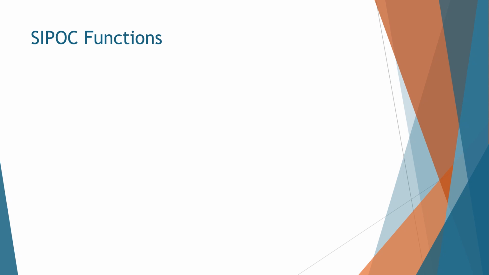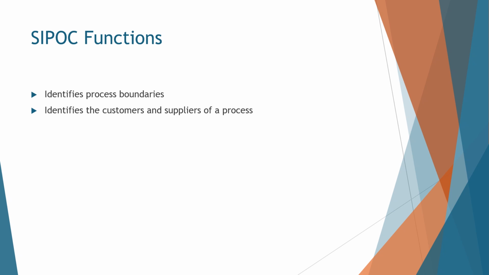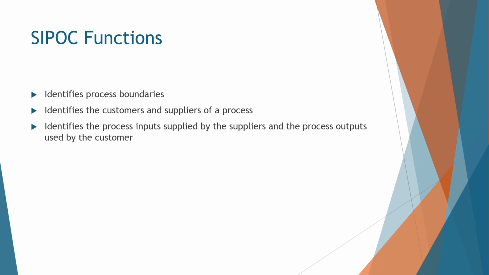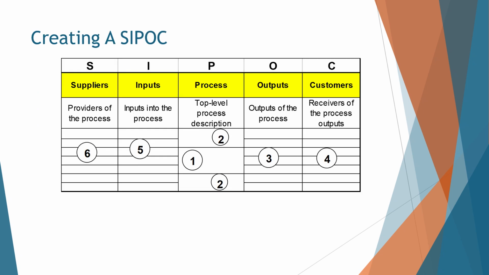Let's look at some SIPOC functions. SIPOC functions identify process boundaries, identify the customers and suppliers of a process, identify the process inputs supplied by the suppliers and the process outputs used by the customer, and help identify data collection needs. How in the world do we go about creating a SIPOC?